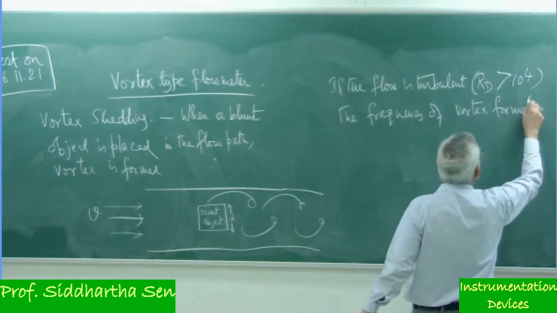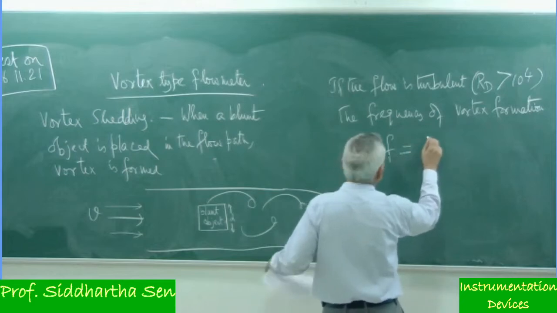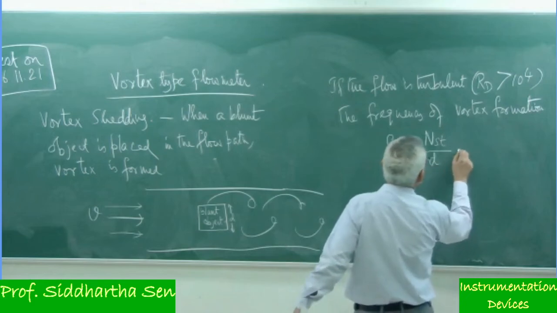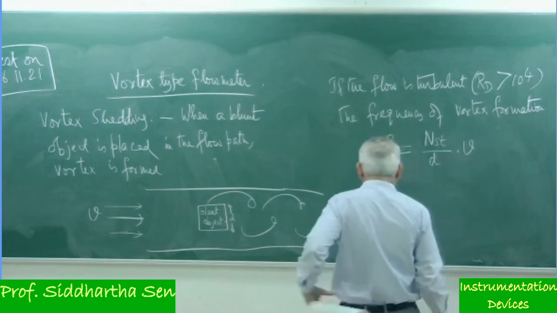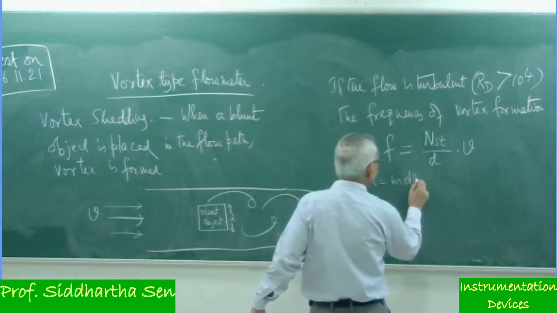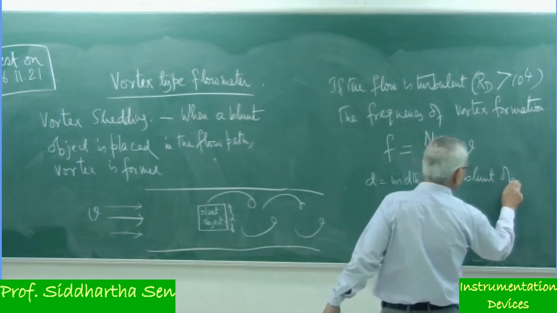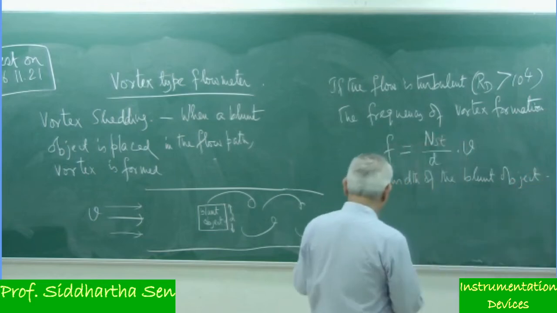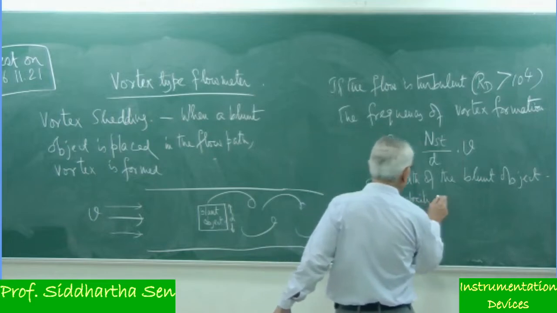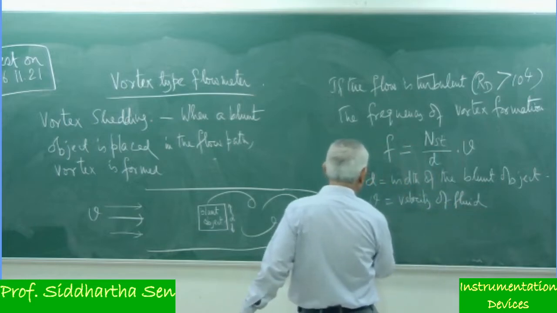is given by f equals NST divided by D into V, where D is the width of the blunt object, V is the velocity of the fluid, and NST is a constant.